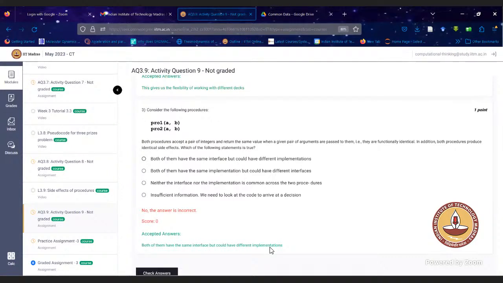You're taking certain inputs and providing certain return values. The way you're doing it using your pseudocode is different, but they're achieving the same target. That is why the implementation is different. But they are taking the same input and providing the same return values. That's why the interface is the same.